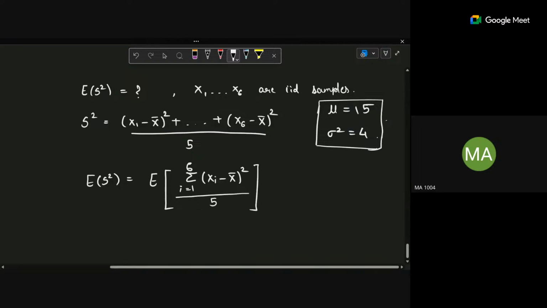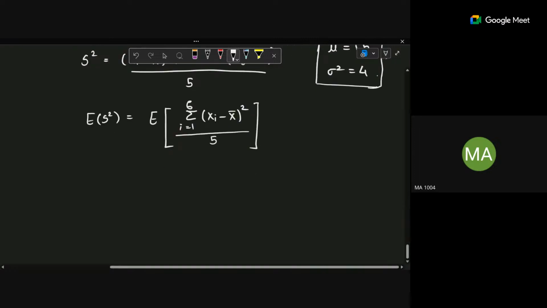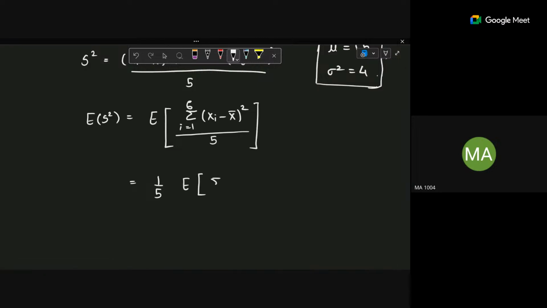I just reduce the length of the expression by writing summation 1 to 6, x1 to x6. As it's a summation only, I can have 1 by 5 as a common term.